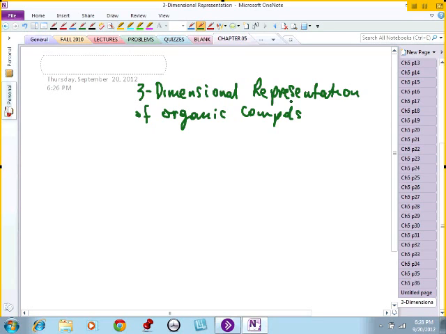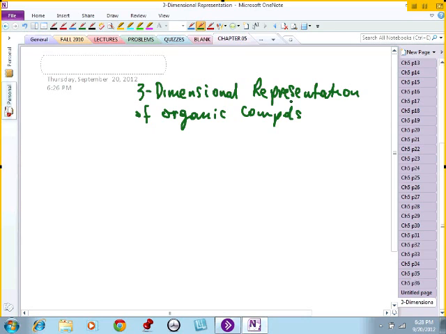Now, this is an sp3 carbon atom. For the most part, we are going to be dealing with sp3 carbon atoms. Therefore, the stereochemistry around an sp3 carbon atom is what we call a tetrahedron, which means that this carbon is sitting in the middle of a tetrahedron.